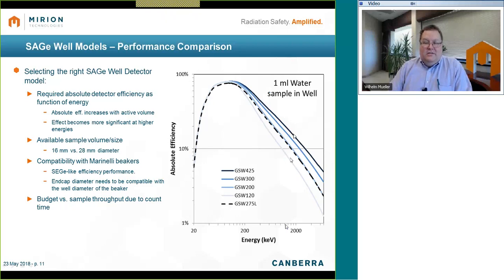And one can see that at low energies or mid-range energies, the detectors have a very similar efficiency response, and then a correspondingly wider distribution proportional to the volume of the detector as you go to higher energy gamma rays. It's also noted here, as a dotted line, the GSW-275L efficiency response, and we'll talk about that in the following slide.